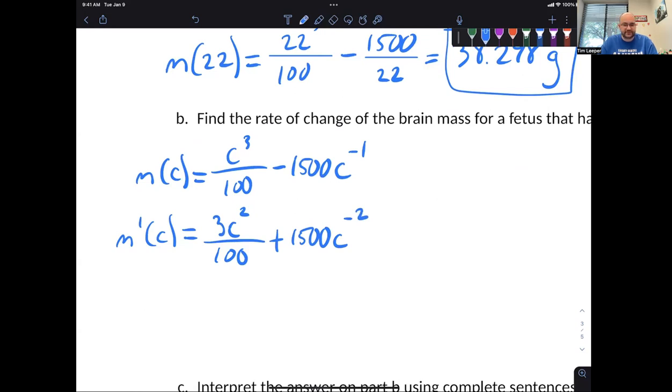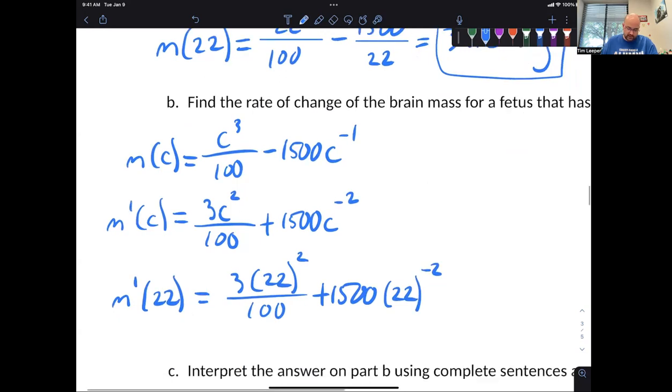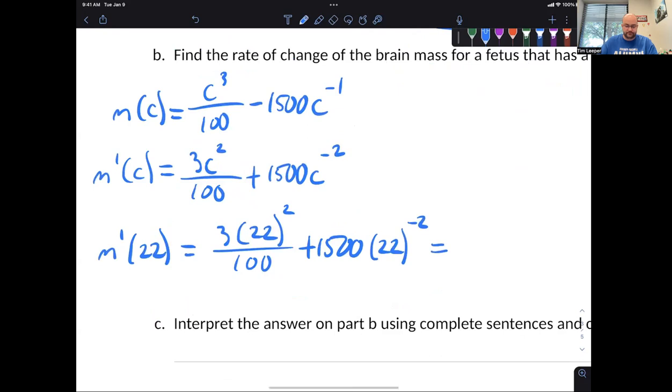That's technically plus 1500 divided by c squared, but that's okay, because we just want to know what this is at 22. So if I want to find M prime of 22, just plug in c to be 22. That's 3 times 22 squared divided by 100, plus 1500 times 22 to the negative 2 power. And that's what I'm going to go type in.